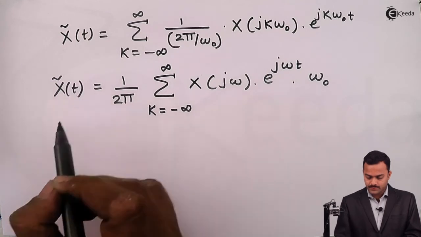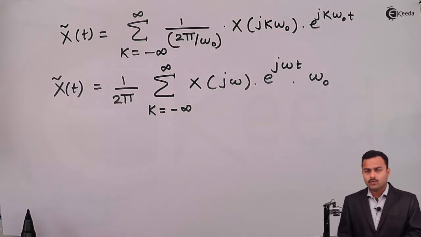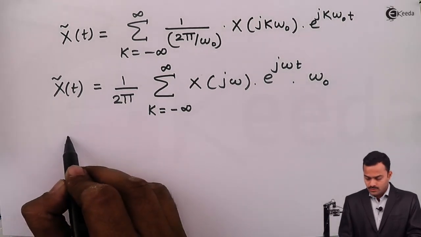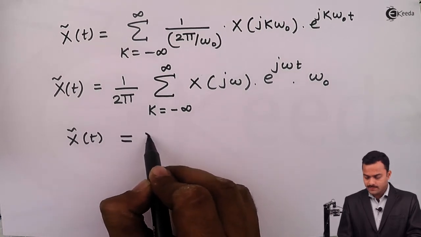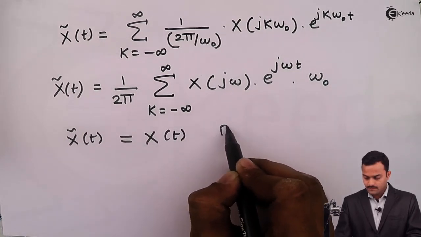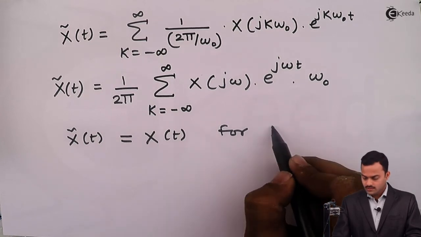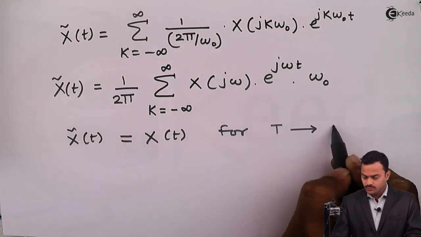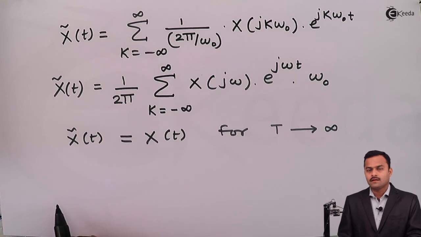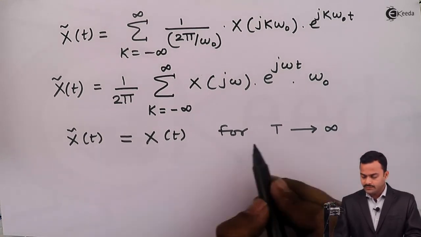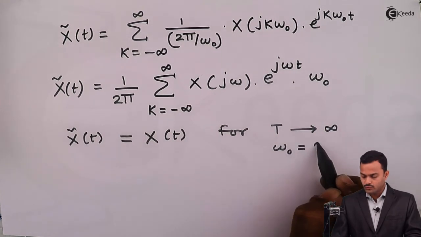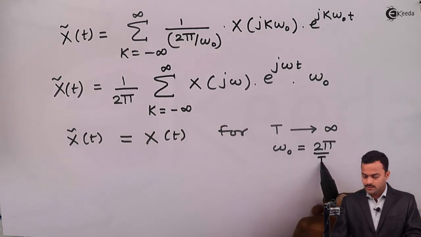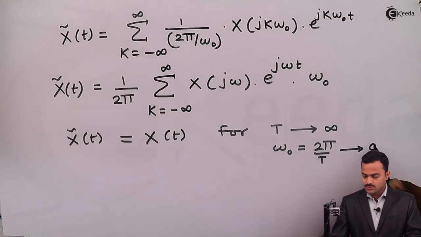So this is a representation we get, but what we want is a representation of x of t. Now x bar t is the same as x of t for period tending to infinity, and if the period tends to infinity, the fundamental frequency given by 2 pi by T tends to 0.